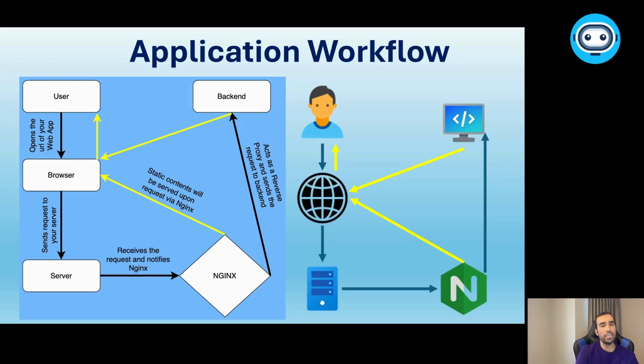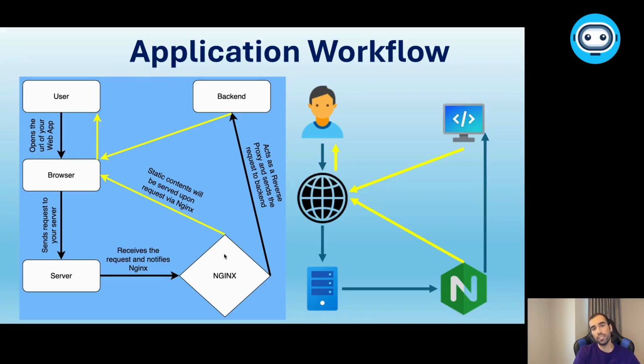Option 1, if Nginx detects that the browser is asking for static content like an HTML file, CSS file, JS file, images or videos, it can directly read the content from that static file and deliver the information to the browser through chunks of bytes, and then the browser will serve the content to the user.